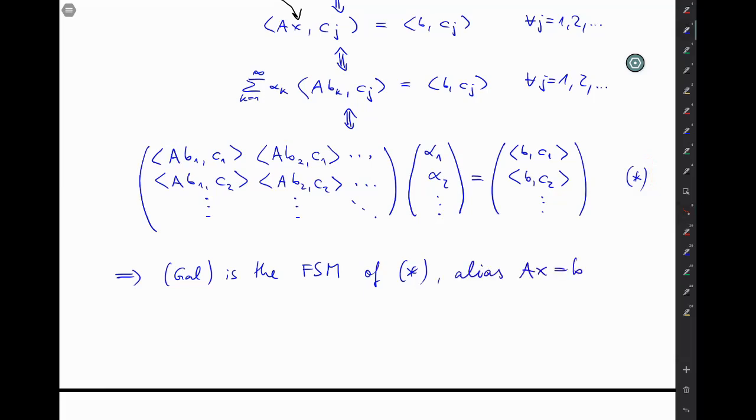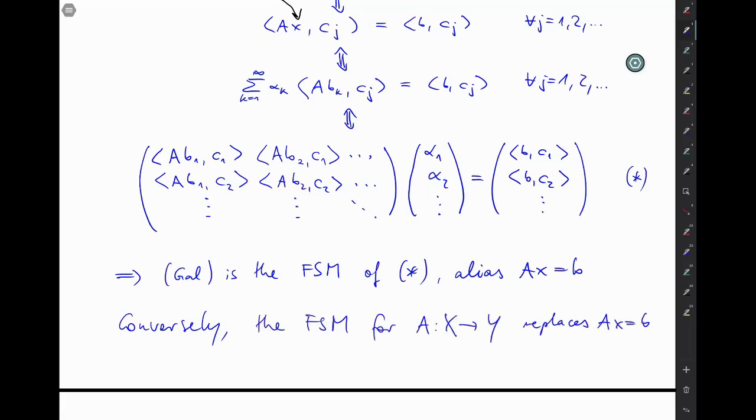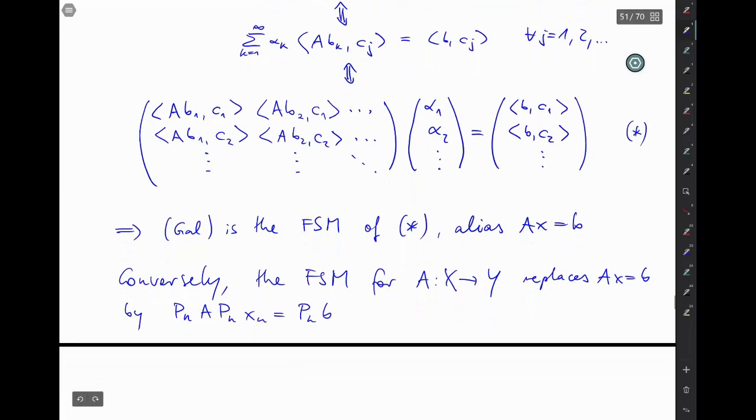And the connection is getting even better because conversely, the FSM for an operator A from X to Y replaces the equation Ax equals b by PnA Pn xn equals Pn b with these truncation operators Pn.